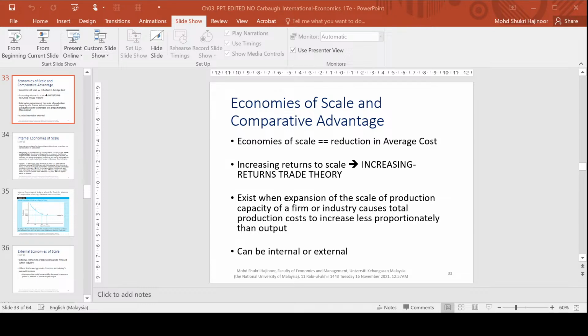Automobile firms locate in Germany rather than in France because of the larger demand in Germany for automobiles.